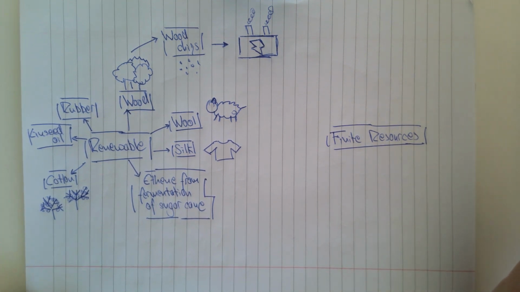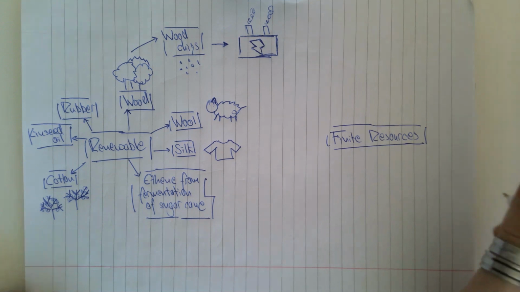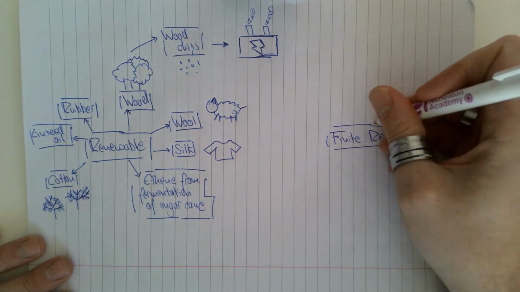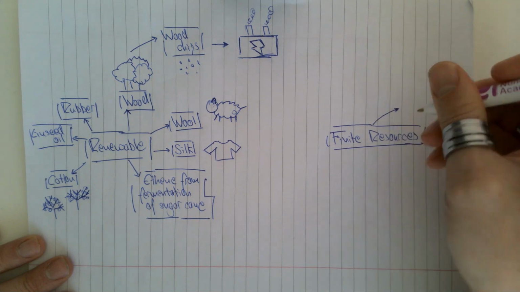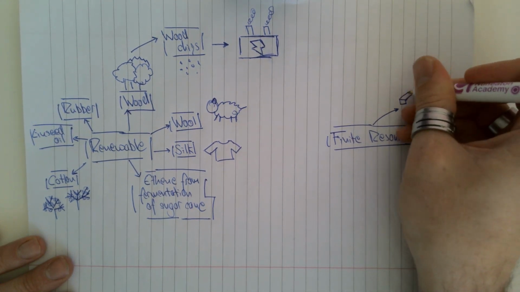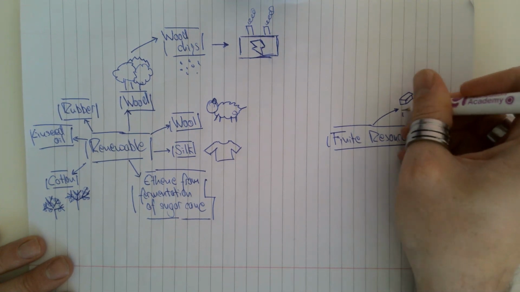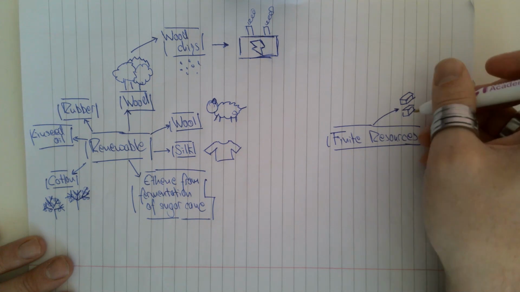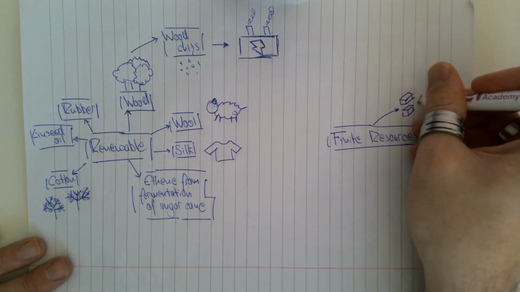So, maybe we'll start with sort of slightly more obscure ones, more obscure, less common. Obviously, one of the ones which is natural, dug out of the ground, natural product is limestone or calcium carbonate.